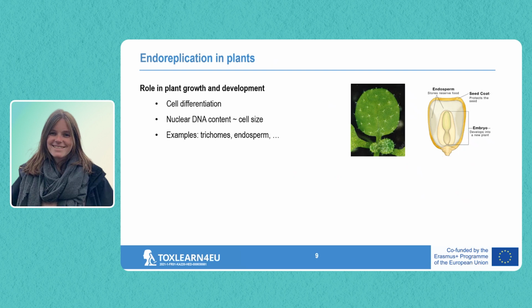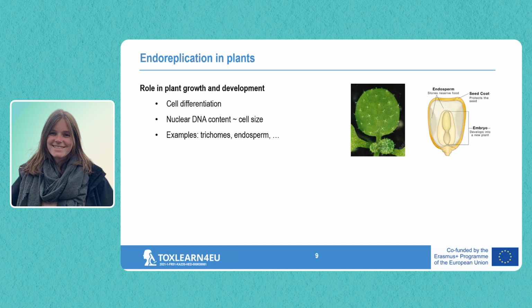And some interesting examples of this are, for example, the trichomes that I just mentioned. So you can see them very nicely on this left image here. So you can see these tiny hairs on the leaf surface. And I call them tiny now, but actually they're quite big because you can just see them with the naked eye, but they only consist of one cell. So the cell actually gets very big through endoreplication.